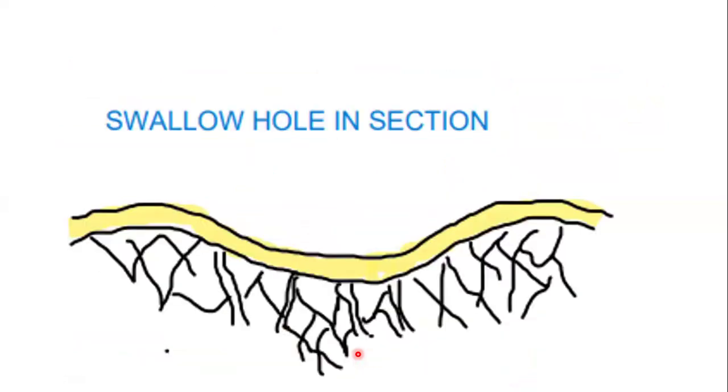Let's study the erosional features found in the karst region. Number one is the swallow holes.